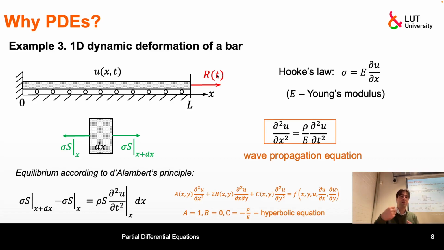We might apply a rapid force, some kind of shock, or we might hold it steadily, anything. And we are interested in how each part or each cross-section of the bar is moving in time. So our function of interest would be a displacement u as a function of x, the only spatial coordinate in this case, and t, time.